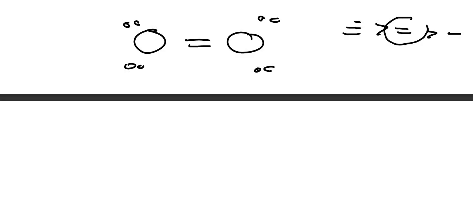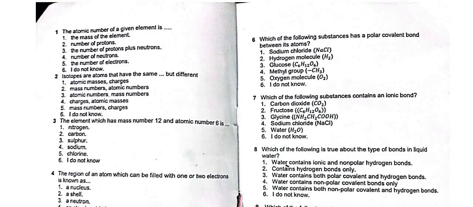By virtue of it having a double bond, and oxygen being very electronegative, this molecule is going to be polar. So the best option here would be 5, the oxygen molecule. Is that okay, guys? Any questions here?